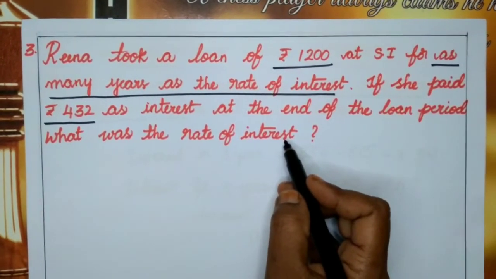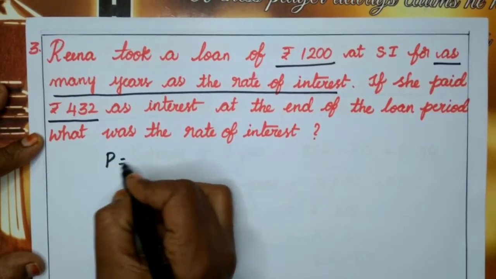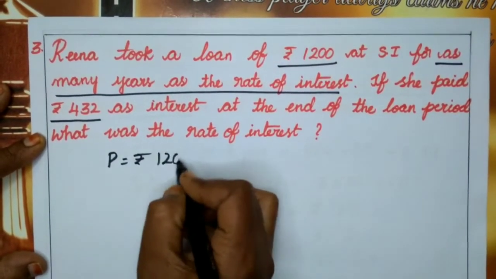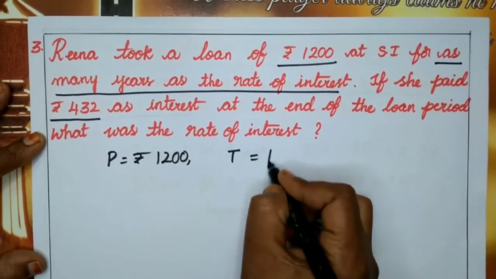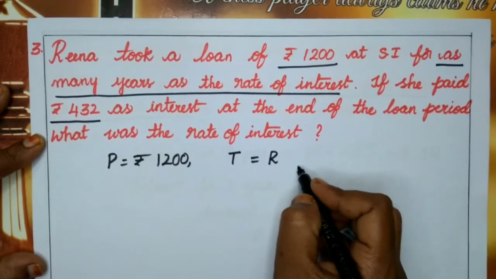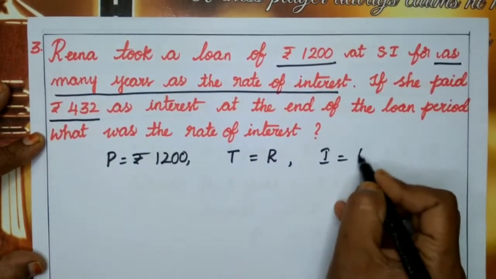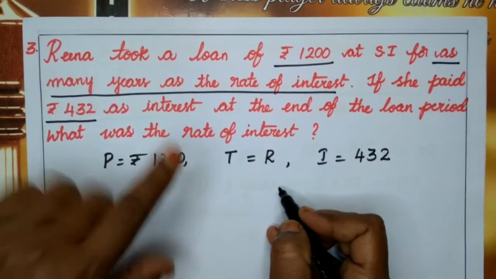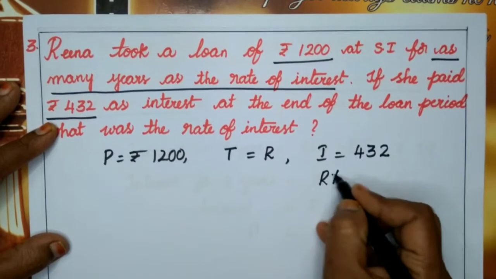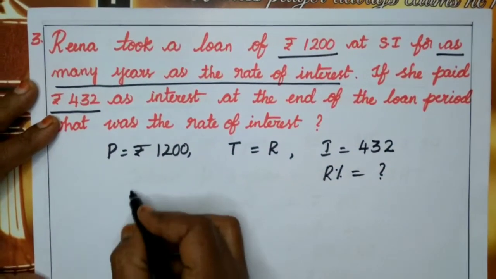So we are going to calculate the rate of interest. First of all, principal is rupees 1200, and time period and rate of interest are both the same. And the interest here is 432. What's the formula for rate of interest?